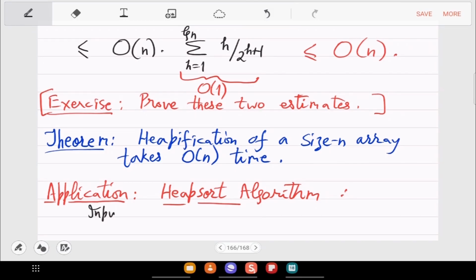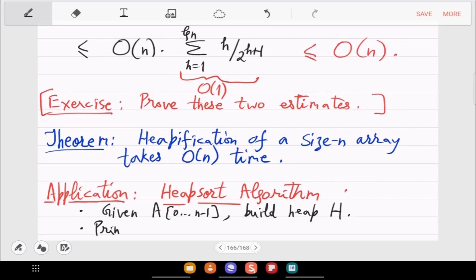I think we don't have time for too much detail, so let me just say: given this array A, build heap H, and print extract min of H, and then repeat.